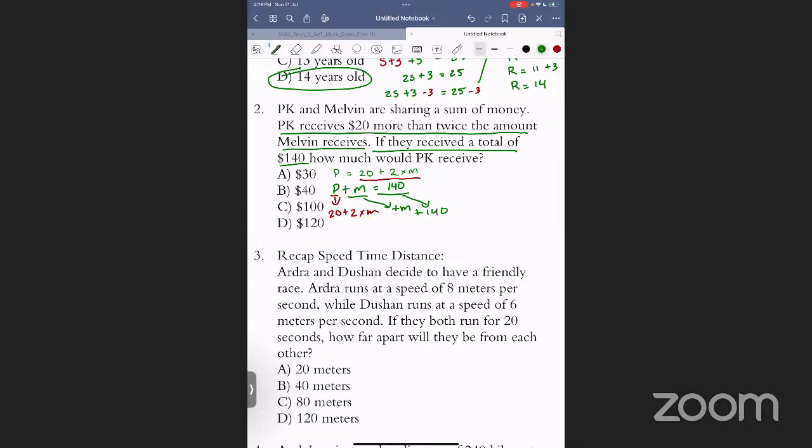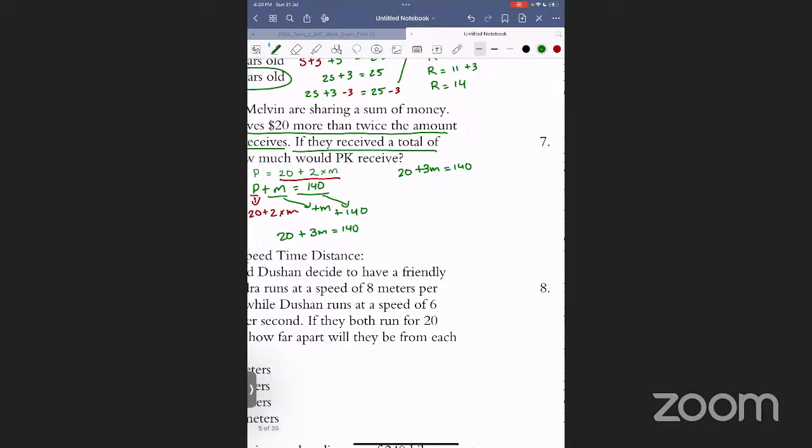So if you have two of something and you have another one of them, it becomes 3M. So 20 plus 3M is equal to 140. Up next, let's solve it again. 20 plus 3M is equal to 140. Move the 20 to the other side. So it becomes 3M is equal to 140 minus 20. 3M is equal to 120.